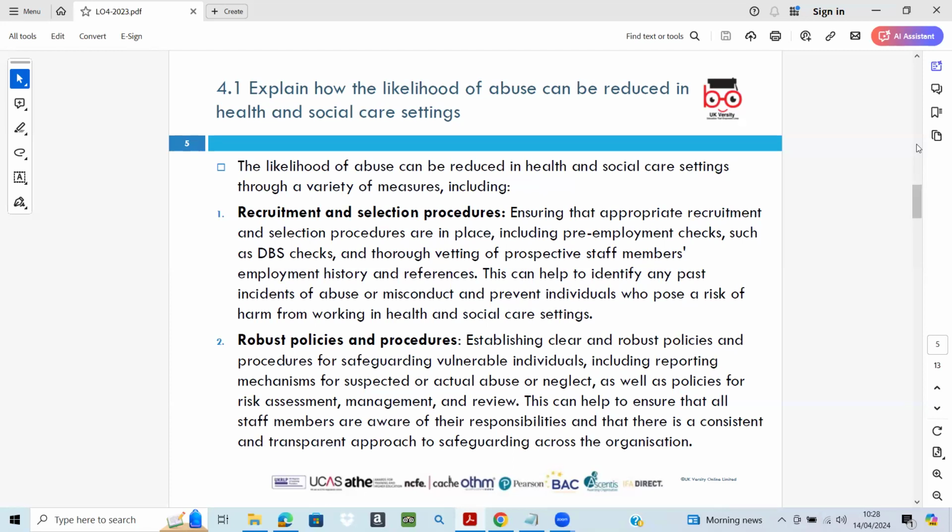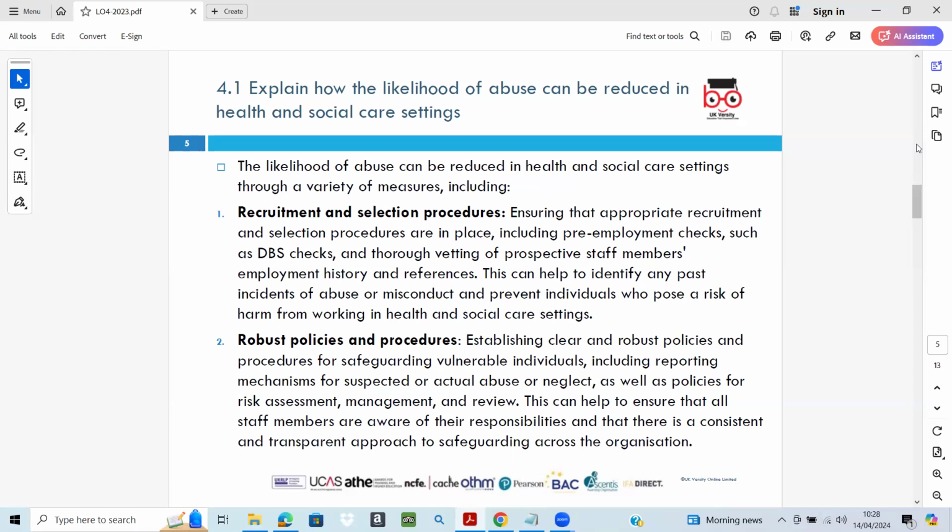Then, creating a supportive environment. This means fostering a culture where staff feel supported in their roles and where individuals feel safe to voice concerns about themselves or others. This environment encourages openness and can significantly deter potential abuses.